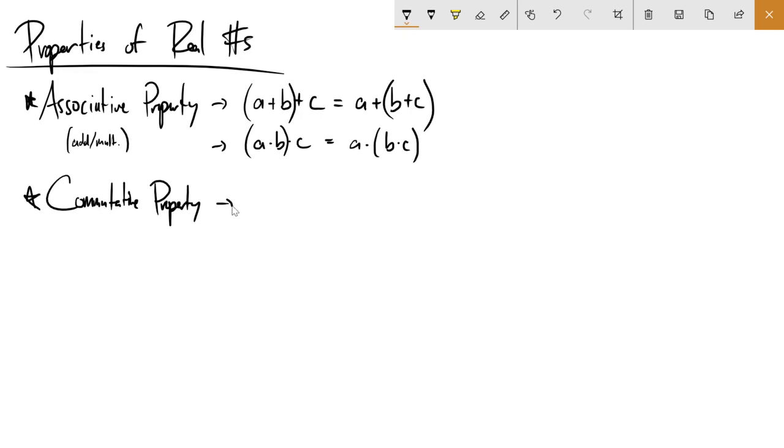So, for example, A plus B is exactly the same as B plus A. True? Same with multiplication. A times B is exactly the same as B times A. All right. So that's the commutative property. It also works for addition and multiplication.